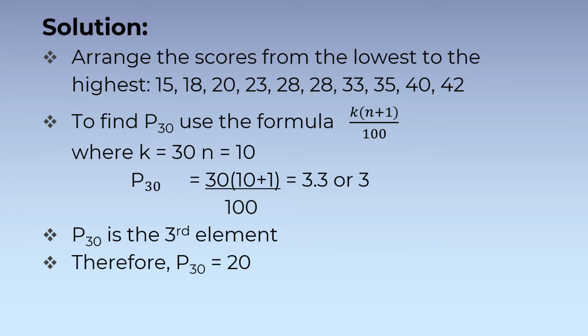P sub 30 is equal to 30 multiplied by the quantity 10 plus 1 over 100. That is equal to 3.3 or 3. P sub 30 is the third element. Therefore, P sub 30 is equal to 20.